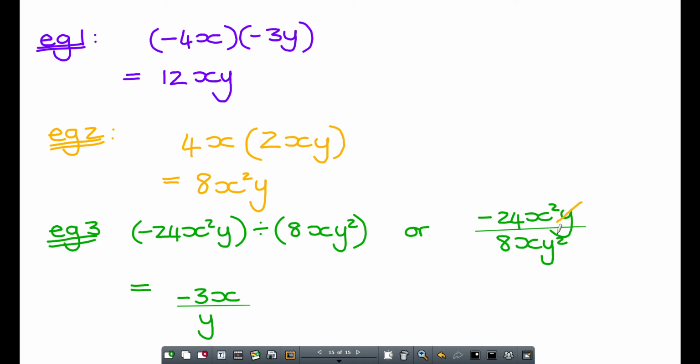I take y at the top, and here there are 2 y's. So I can only take one of them, meaning a y would be left at the bottom. It's not at the top, because if you write it like that, it's the same as over 1.